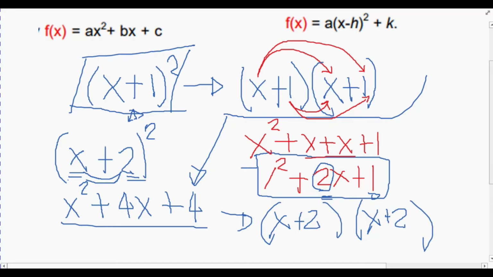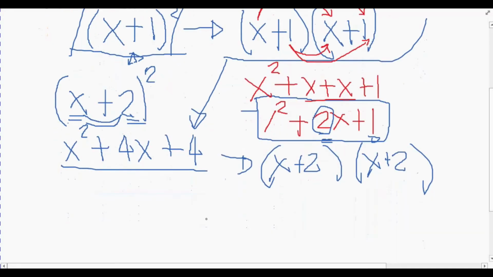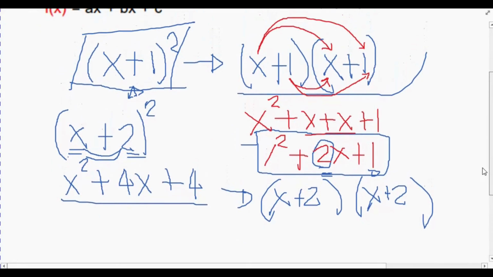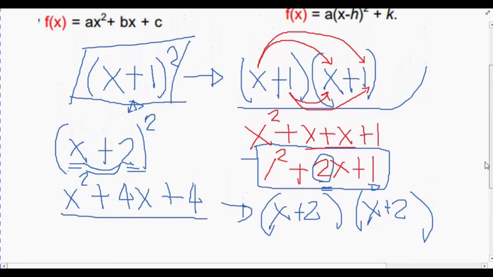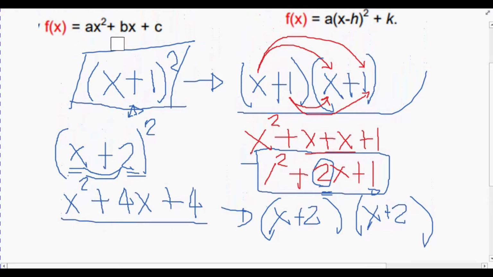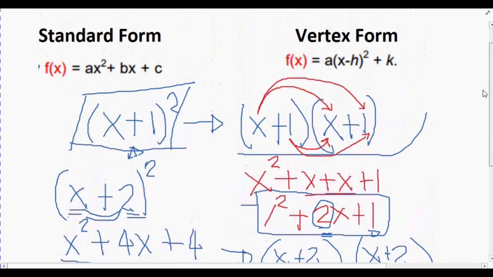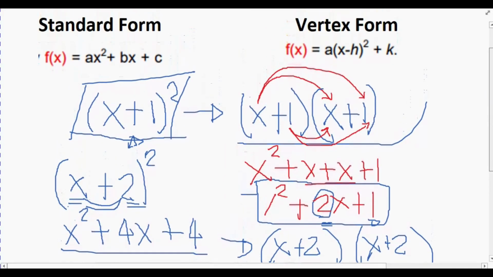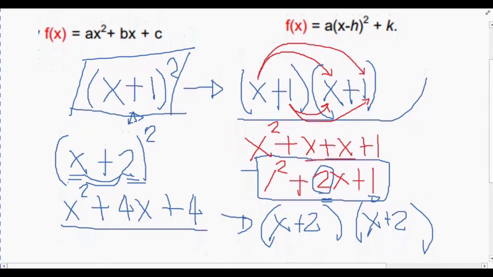Okay, so I hope you understand it. Now what if the quadratic expression is not a perfect square trinomial?